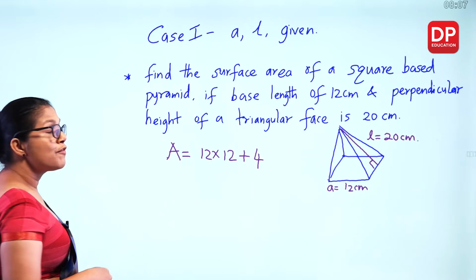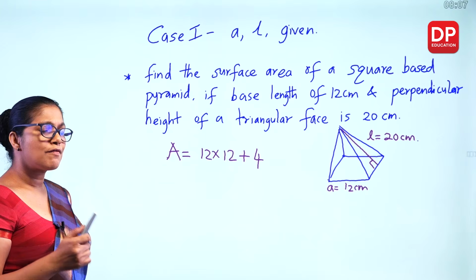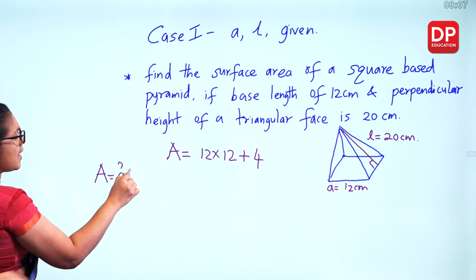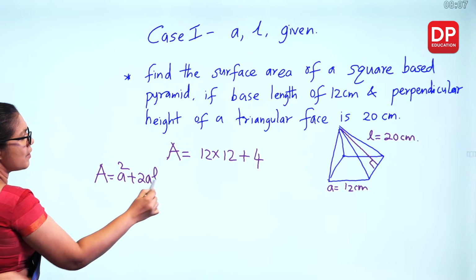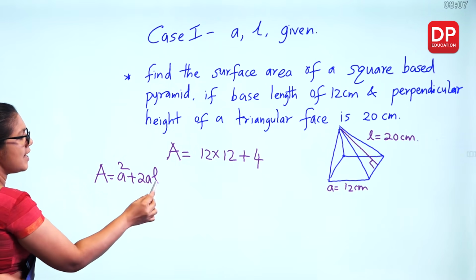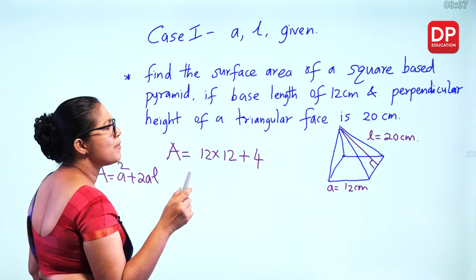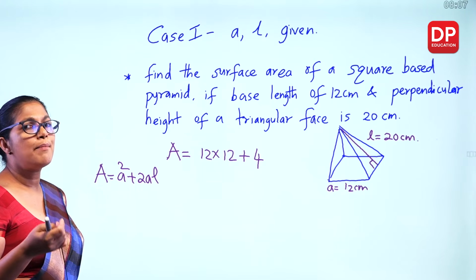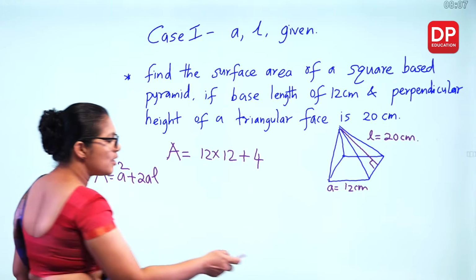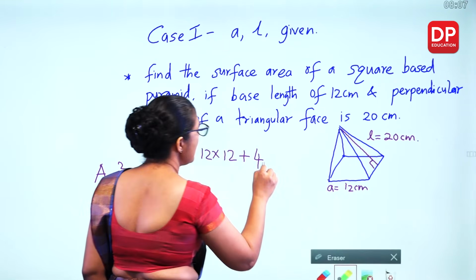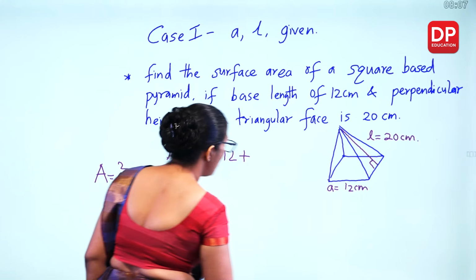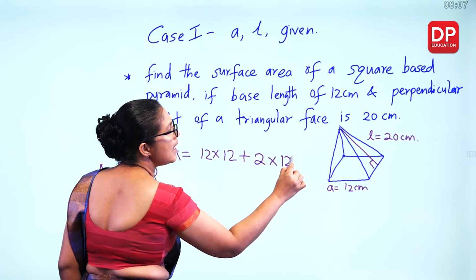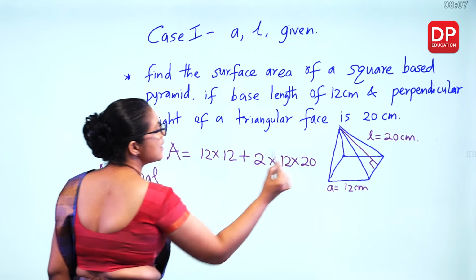Or if you can remember the formula we got, surface area equals A squared plus 2AL. If you can remember, you can straight away use the formula. If you can't remember, you have to separately find the area of one triangle and then multiply by 4. So we'll use this formula straight away without multiplying by 4. I can use 2AL, where A is 12 and L is 20.